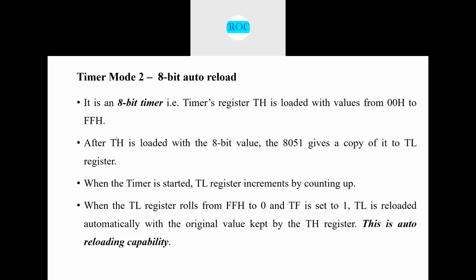Since it is an 8-bit counter, the maximum count is from 00H to FFH, that is 256. Whenever the register counts 256 clock cycles, it rolls back, the register is reset, and it sets the overflow flag to 1.